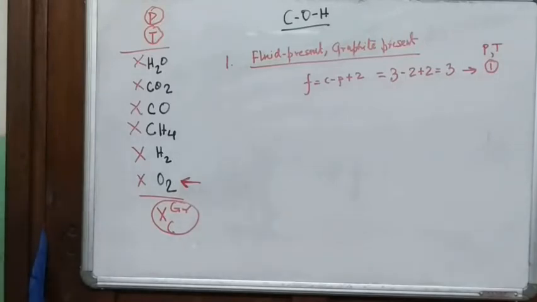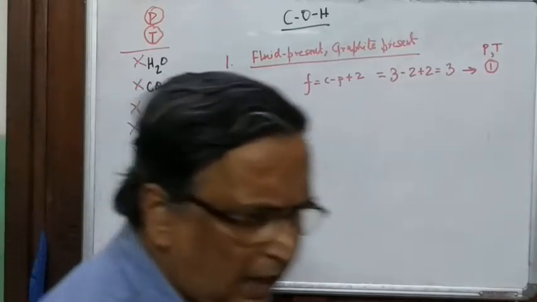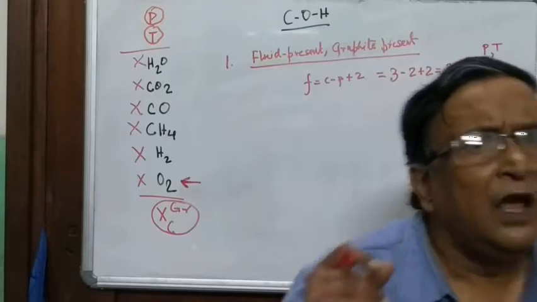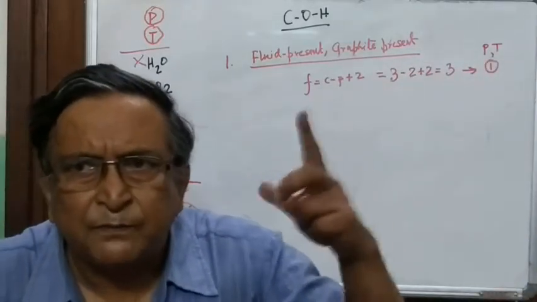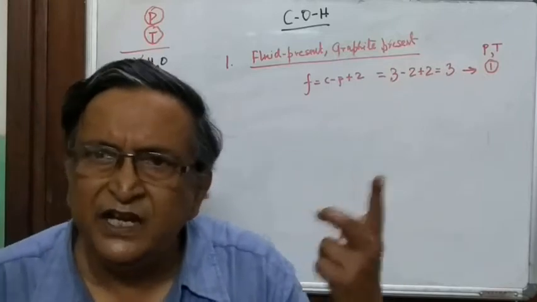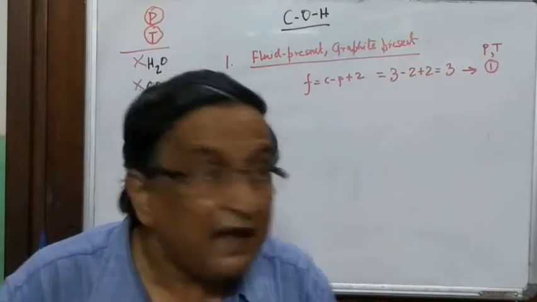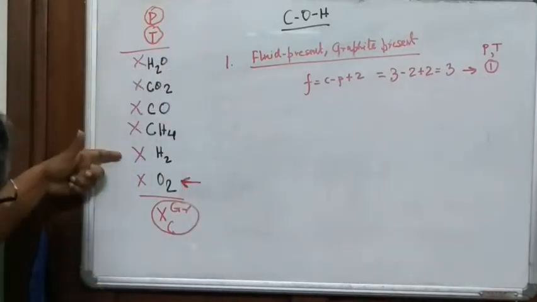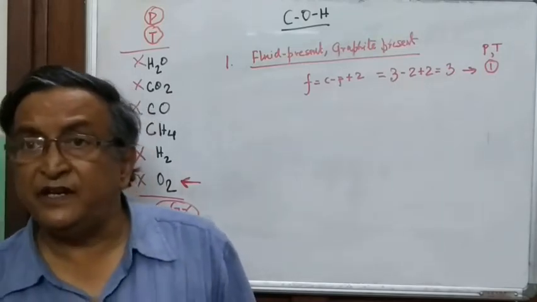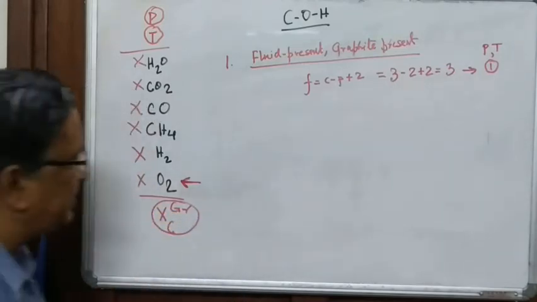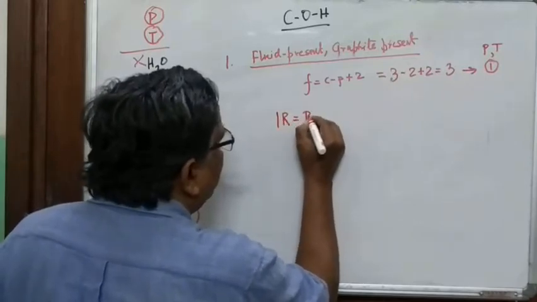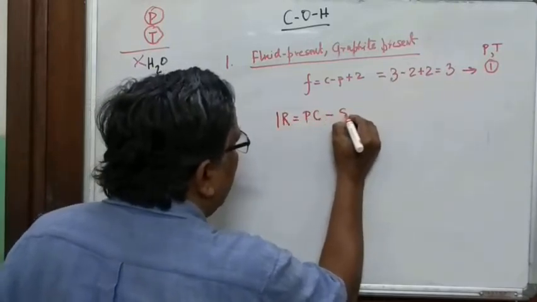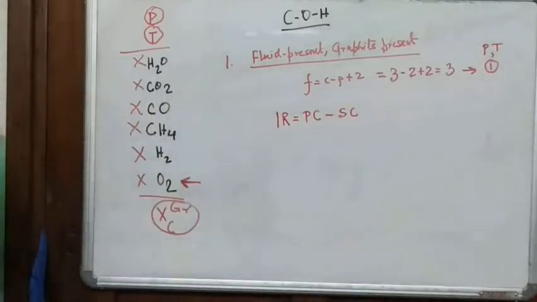Then you ask yourself, okay, let me see. I have some independent reactions. Let me go into that process. Let me see how many independent reactions I will have. Independent reactions equal phase components minus system components.